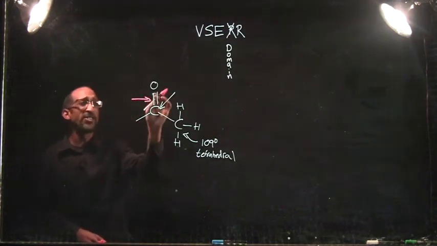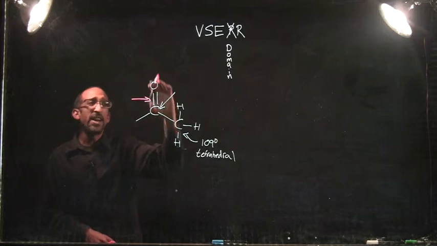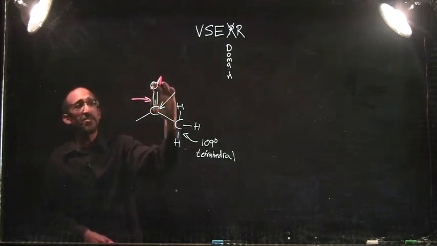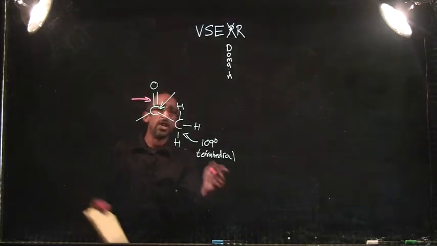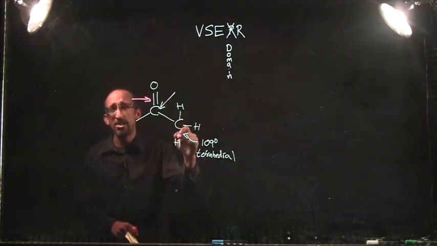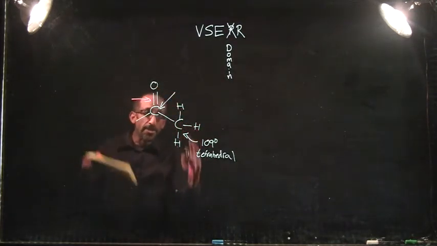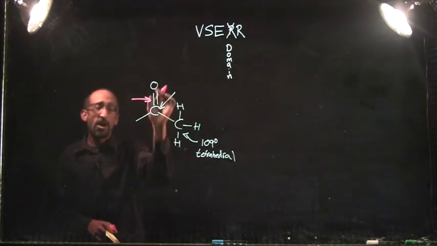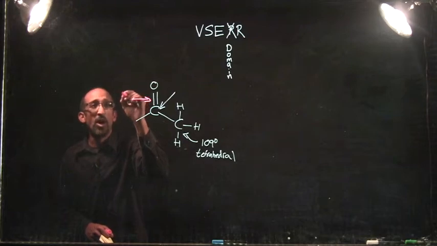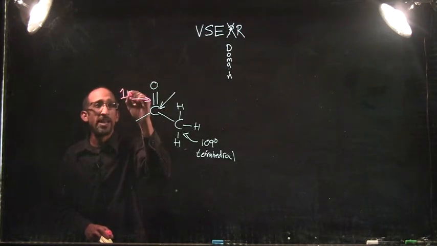So these 2 pairs of electrons are constrained in that they have to stay in the same region of space between this carbon and oxygen atom, and so they're not going to repel each other the way the 4 domains over here do. These are involved in a double bond between 2 atoms. They have to stay together, and so a double bond is going to count as 1 domain.